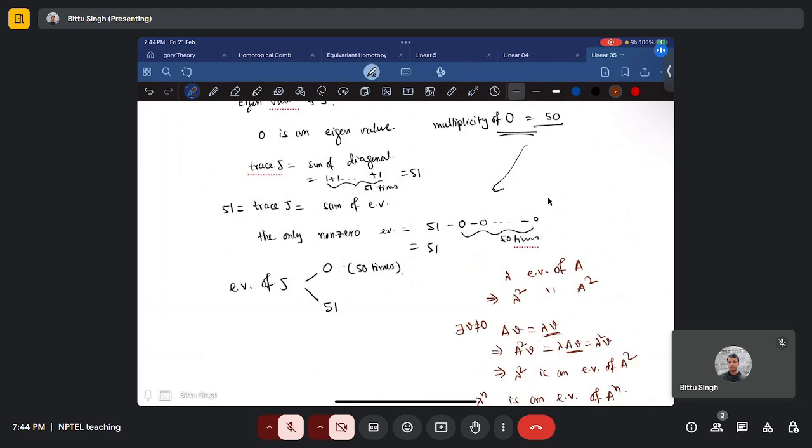So if A satisfies any equation, then the eigenvalue lambda will also satisfy that equation.